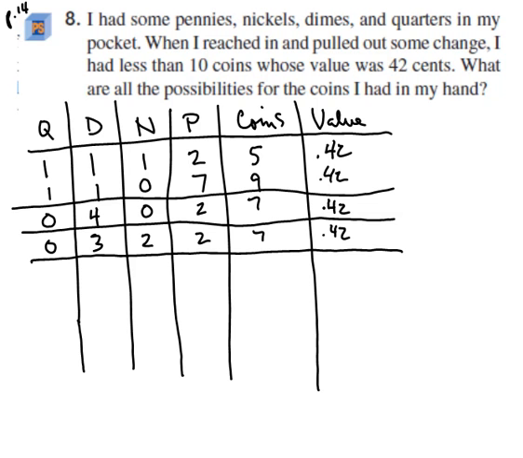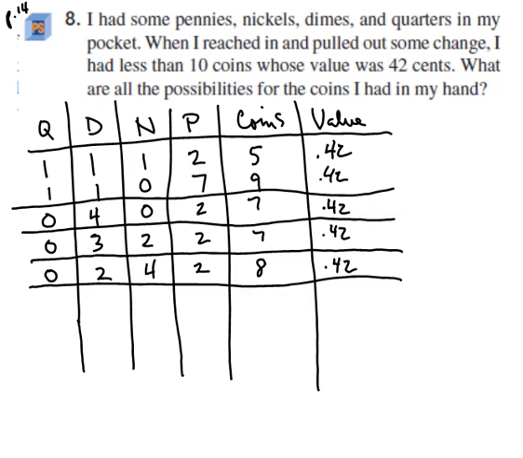So next thing I would do is try this with 2 dimes. Since that's 20 cents, I could use 4 nickels for another 20 cents and 2 pennies. And that would give me 8 coins, which is still acceptable, and a total of 42 cents. But at this point, if I tried to go down to 3 nickels and increase to 7 pennies, I'm going to again have too many coins.